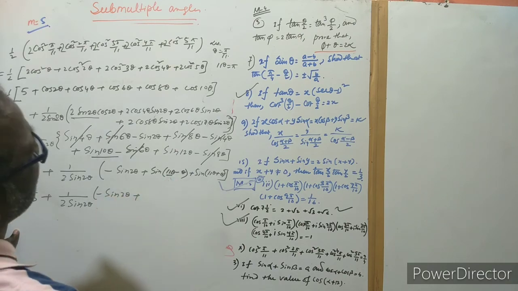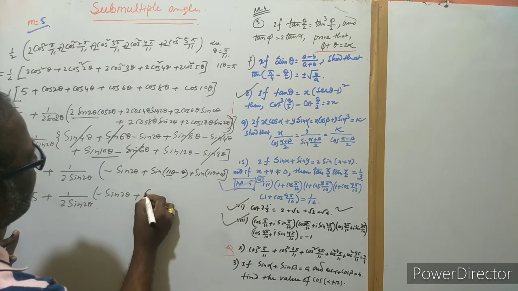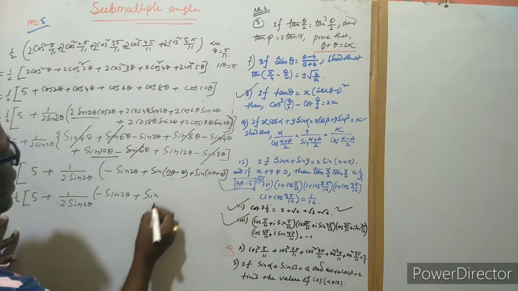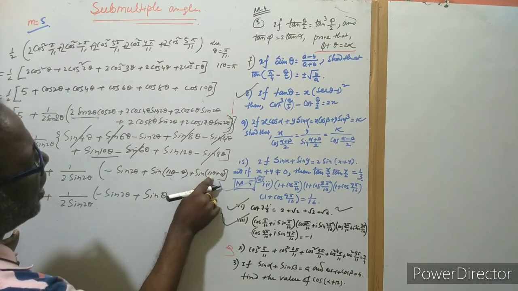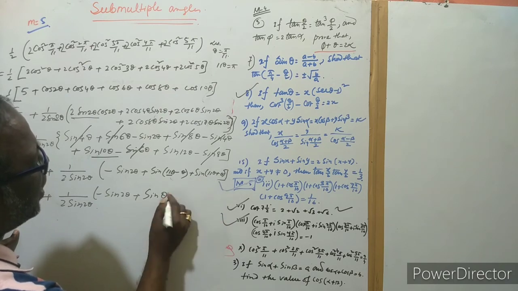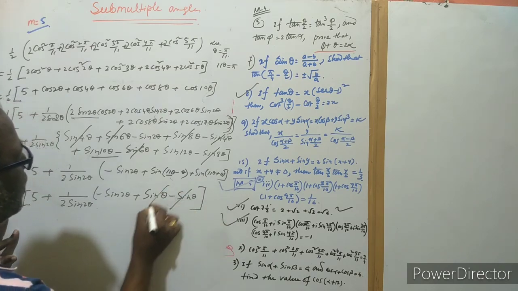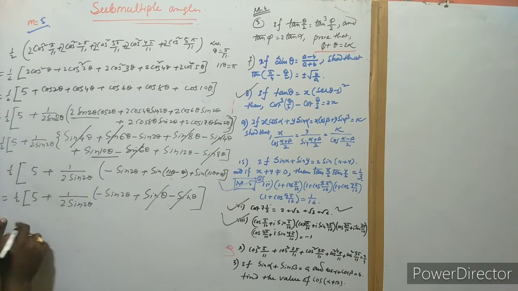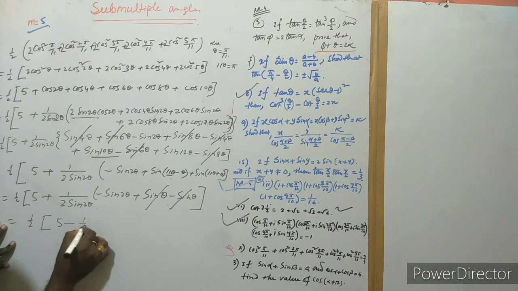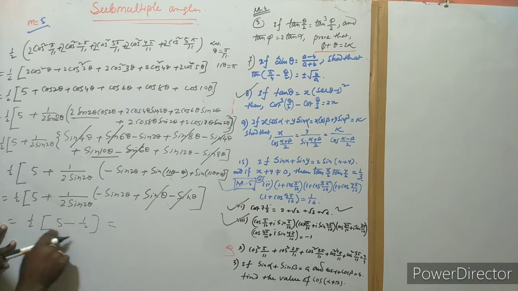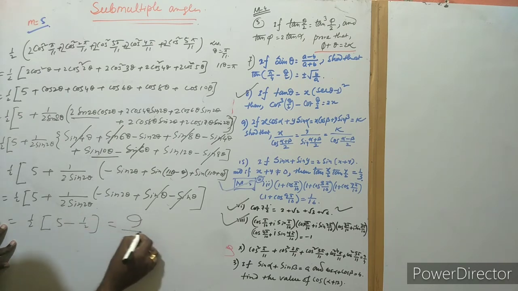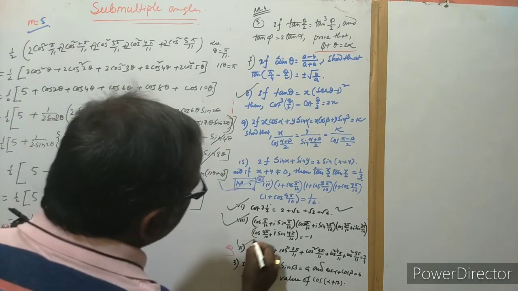See, this is pi minus theta, so that gives sine theta, and this is pi plus theta, so we get minus sine theta. So the sine 2 theta terms are cancelled. So 1 by 2, and this is a minus half. So 9 by 4. See the solution. This is 9 by 4.